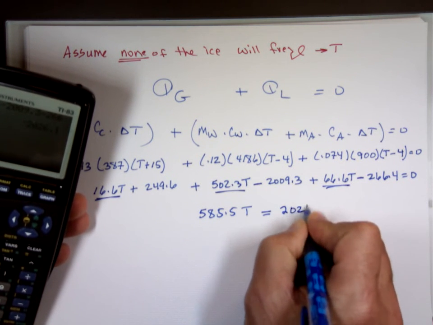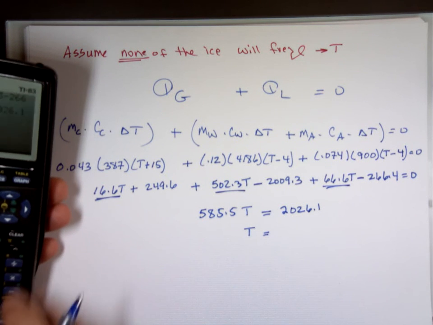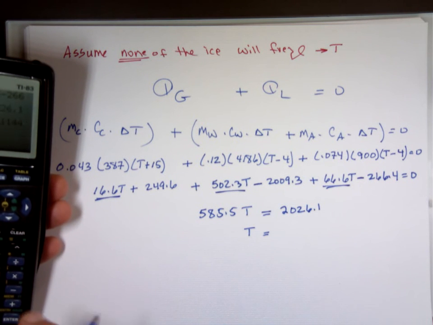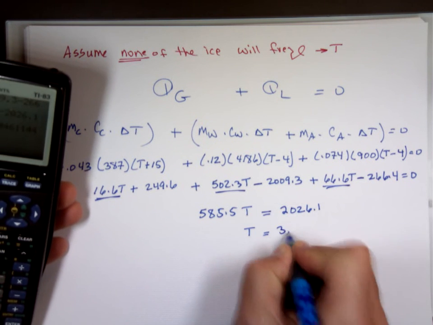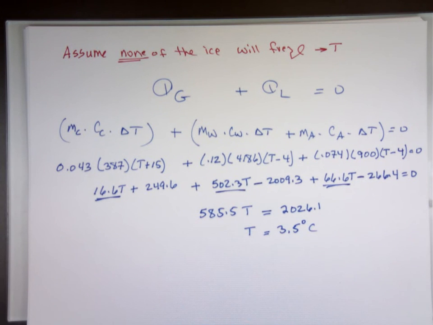What's the final temperature? 3.5 degrees. So we were right. None of the ice will freeze, and the temperature is 3.5. But it's misleading when you look at it, because it says what portion of the ice froze.